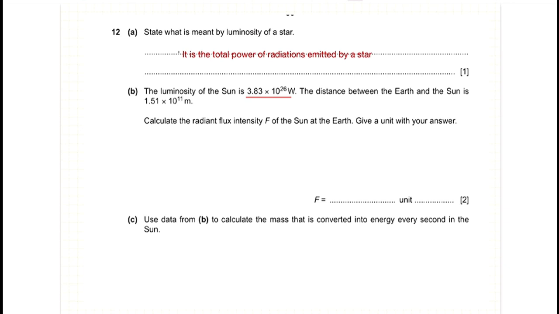And the distance to Earth is given, and they want me to find F. In this case, with this distance, F is equal to L over 4 pi d squared. So this is taken as d, this is L.